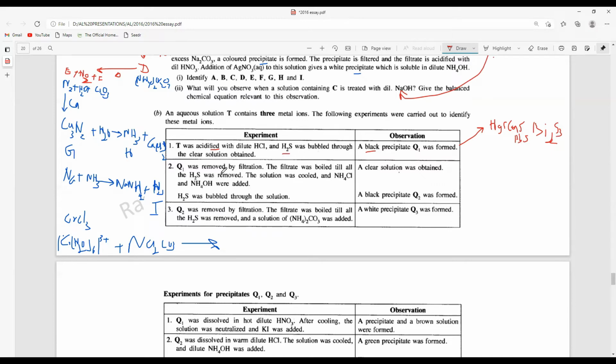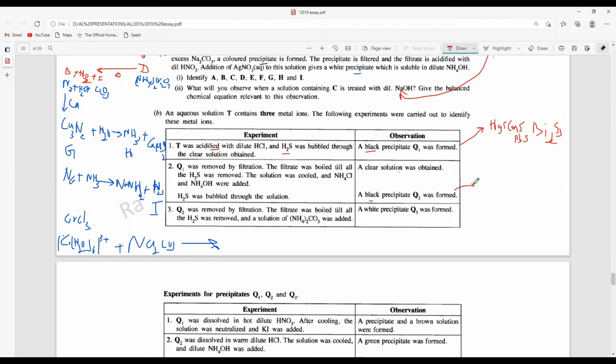Then they have mentioned they filtered the solution and added ammonium chloride and ammonium hydroxide. So a clear solution was formed, so there is no hydroxide that is going to form in this solution. But when they passed H2S again, they were able to see a black precipitate again. This is sulfide precipitation under basic condition.